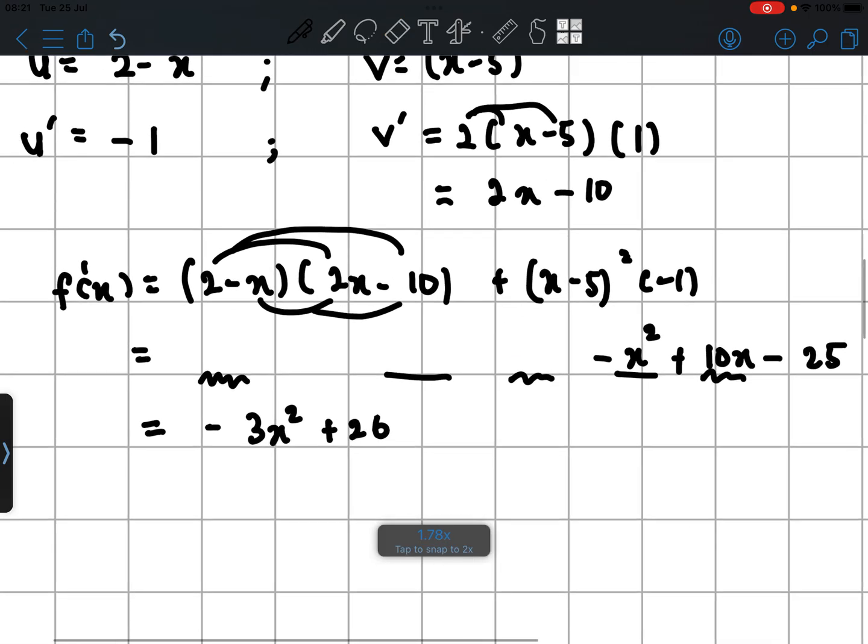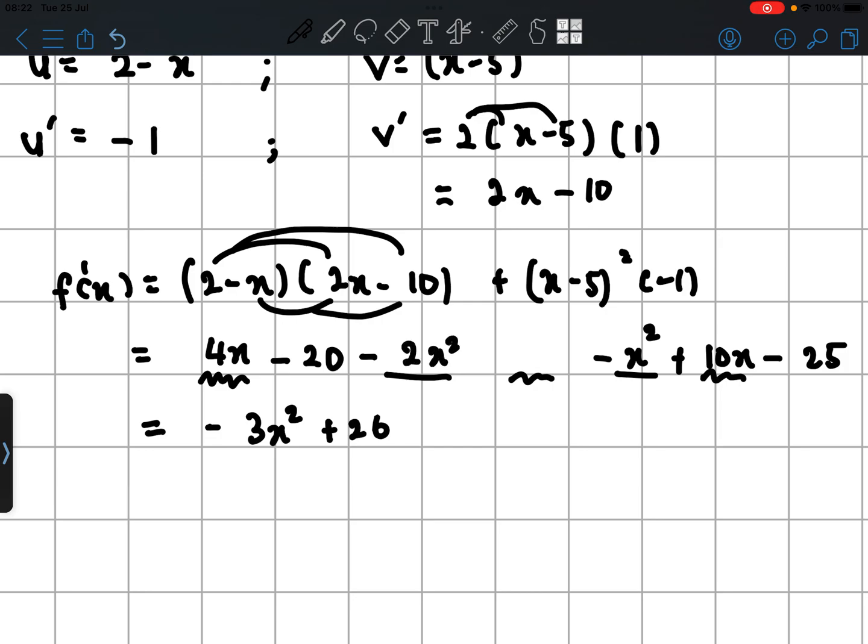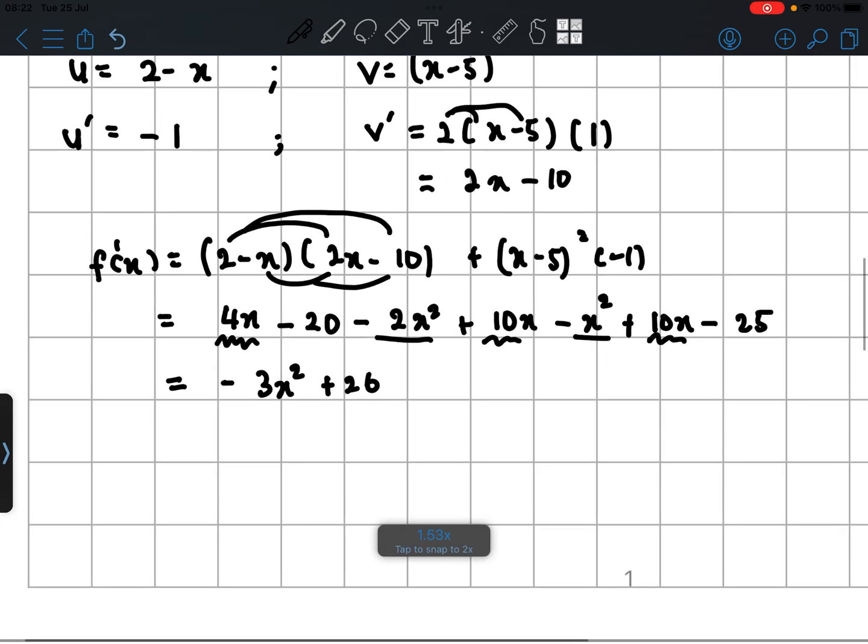So 2 times 2 is 4x, minus... 2 times negative 10 is minus 20, then negative x times 2x is negative 2x squared, then negative x times negative 10 is positive 10x. Okay, don't forget the x.